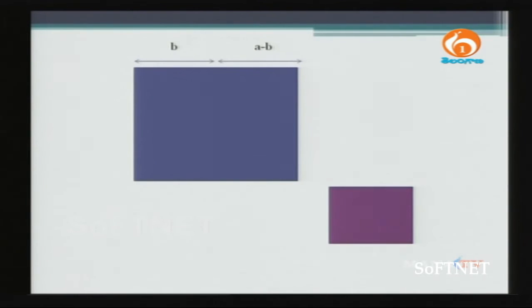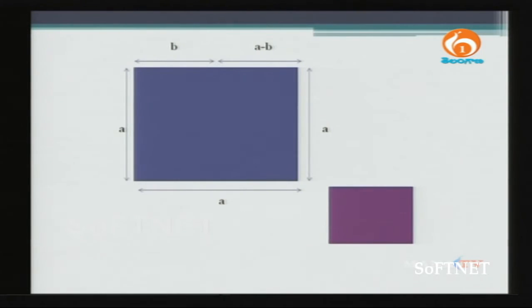Now, I am considering a small square whose side is b units. Okay. I want to put this in one of the corners. Okay. Then what will happen? Here there is no restriction, you can keep that square anywhere, you can put it in a corner, you can put it at the center, you can put it anywhere.